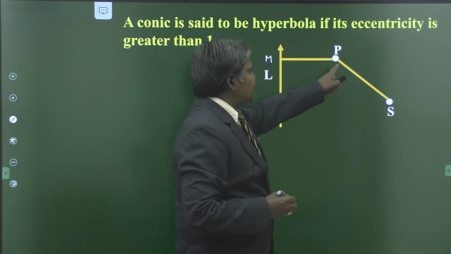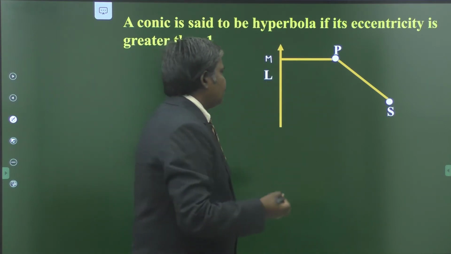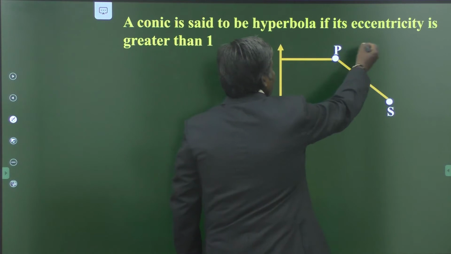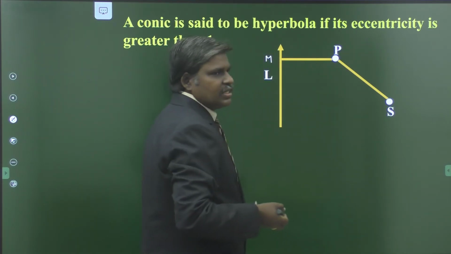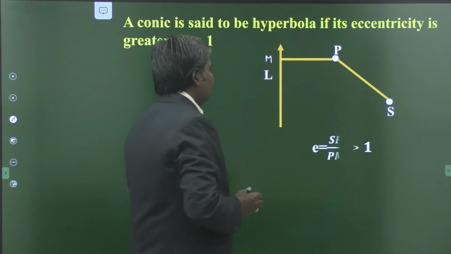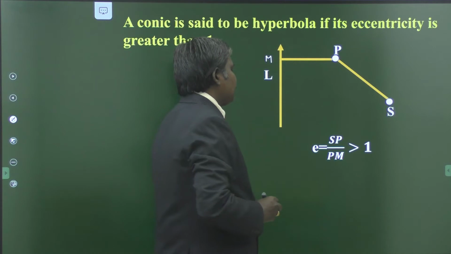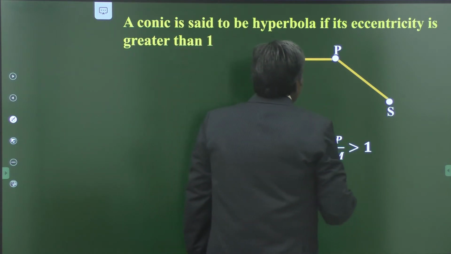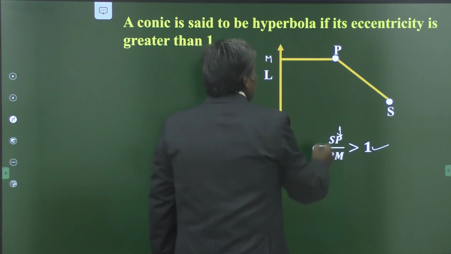So the distance SP is always more than this perpendicular distance. Then if you move on this plane, we get some locus. That locus is called a hyperbola. Therefore, eccentricity e is defined as SP by PM, which must be greater than 1 here. Then the locus of P is a hyperbola.